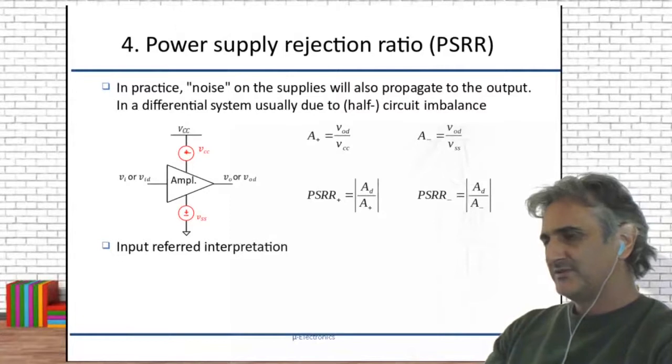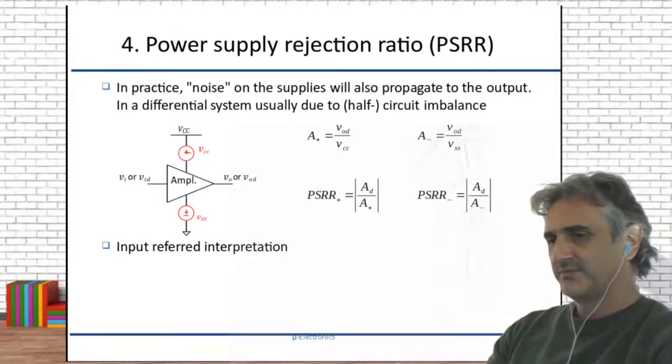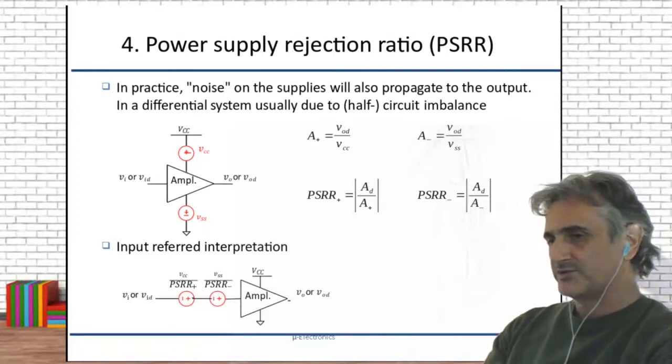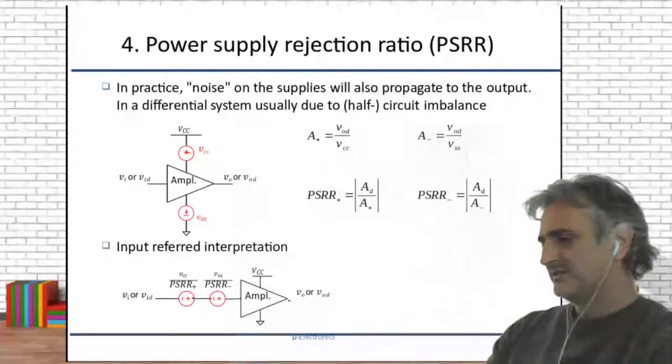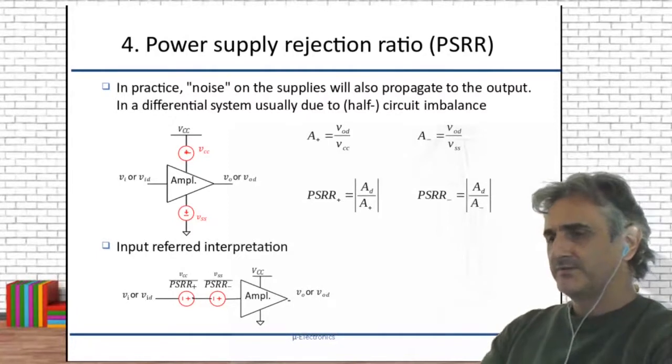However, it's preferred to have not expressions here, but at the input, something like that. So you can use this as a noise at the input, which is a much more powerful way of thinking of it.